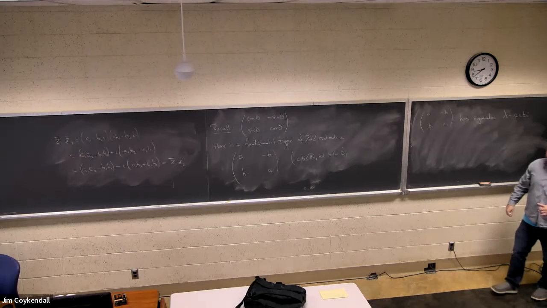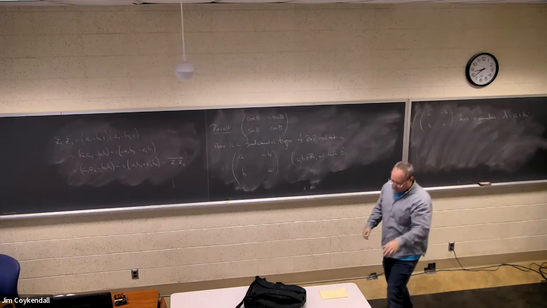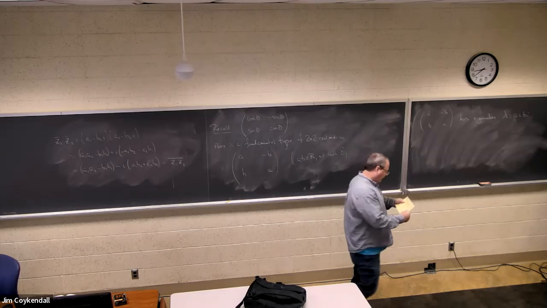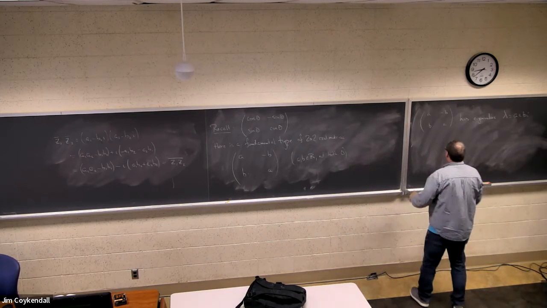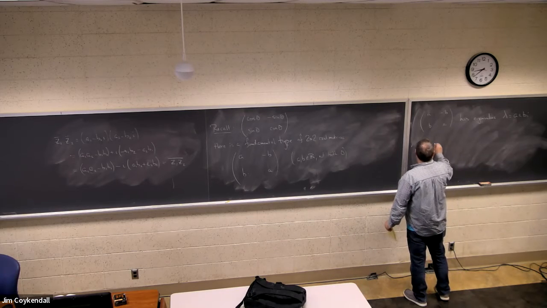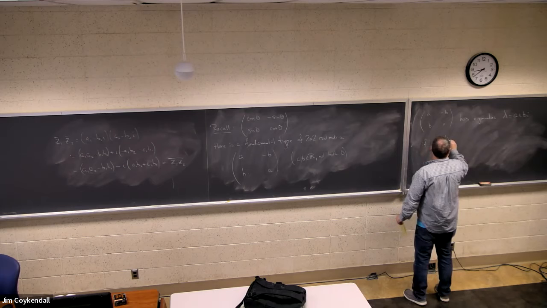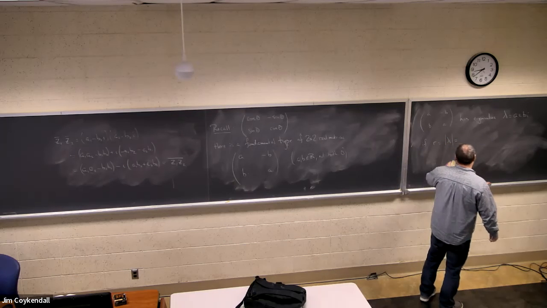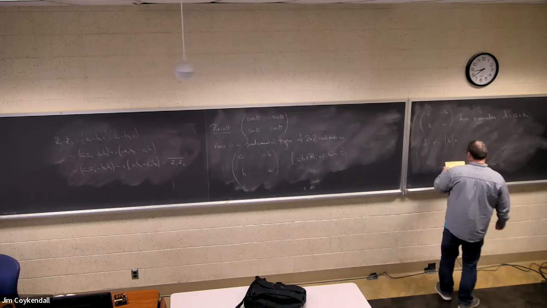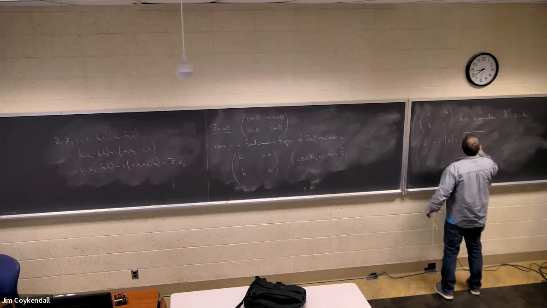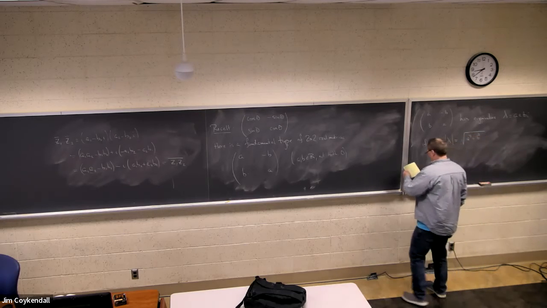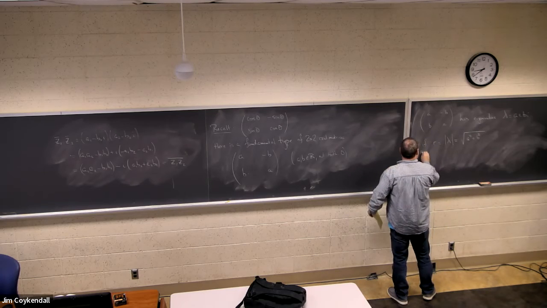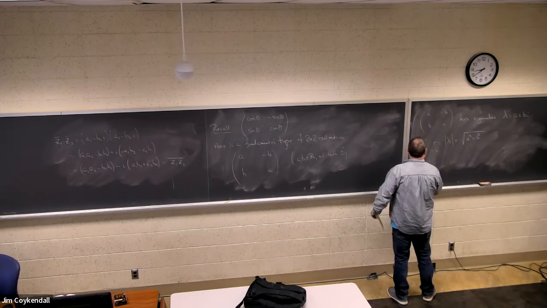Okay, and let me make another observation. And this is what's kind of special about it. If R is the complex magnitude of lambda, which is the square root of A squared plus B squared, then I can rewrite this matrix this way.